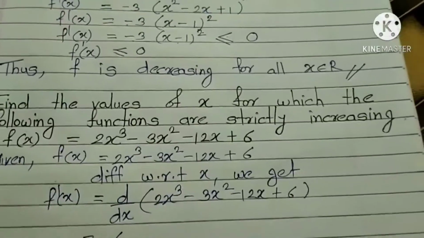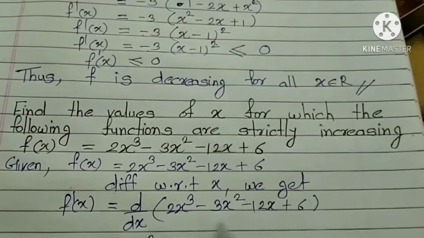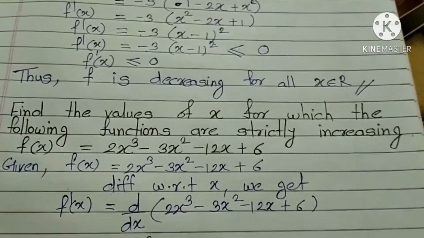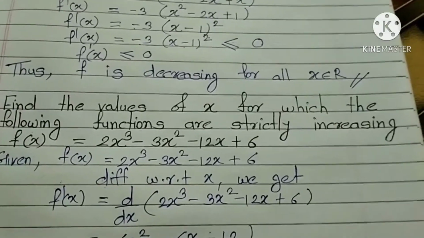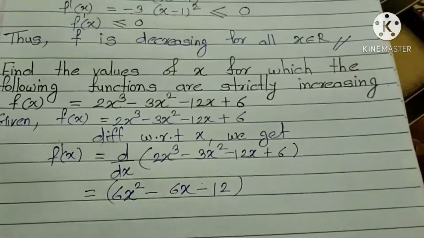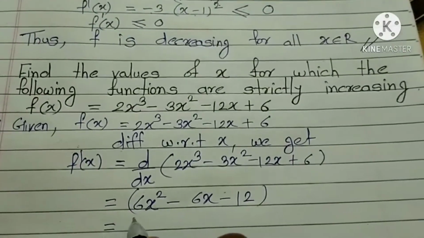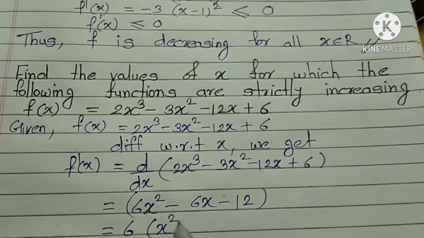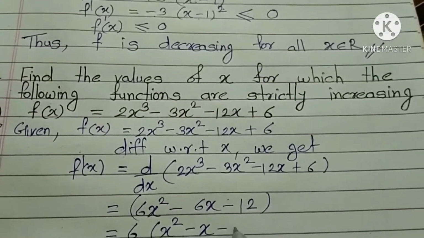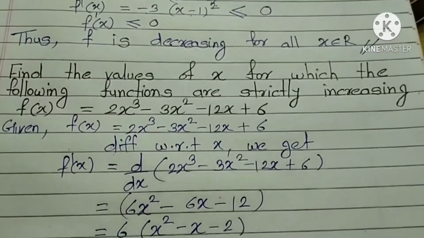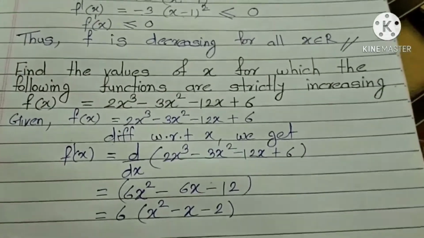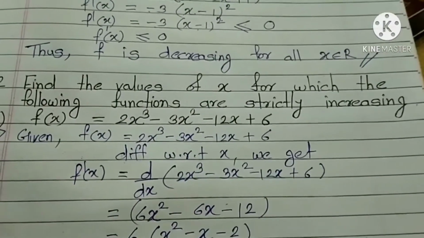So it is 6x square minus 6x minus 12. Now take 6 common. So it is 6 into x square minus x minus 2. Okay.